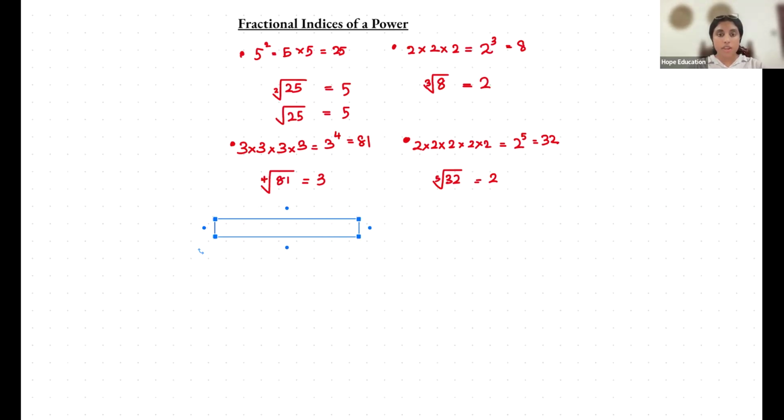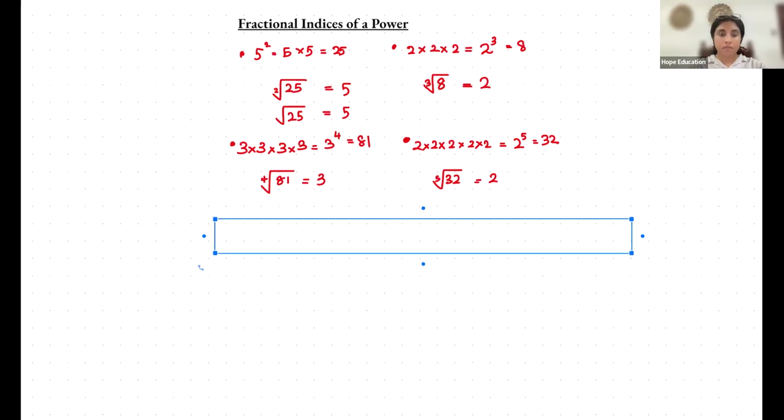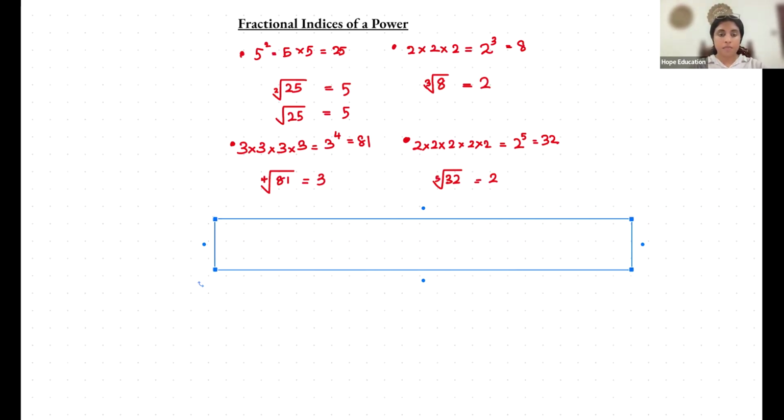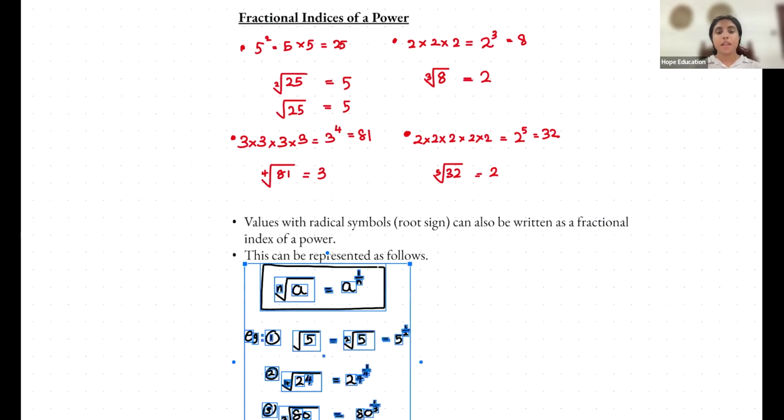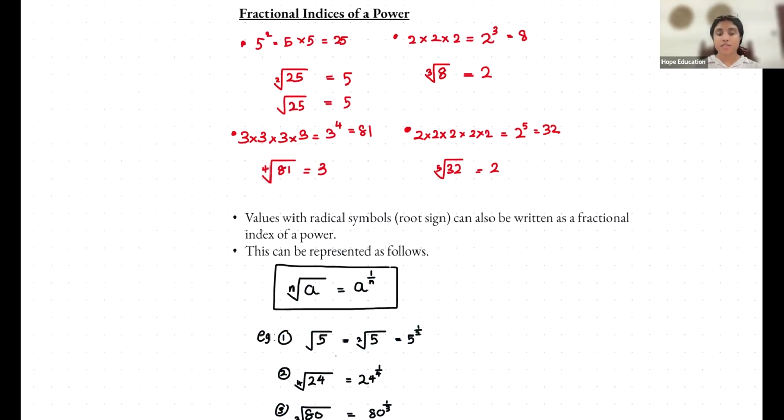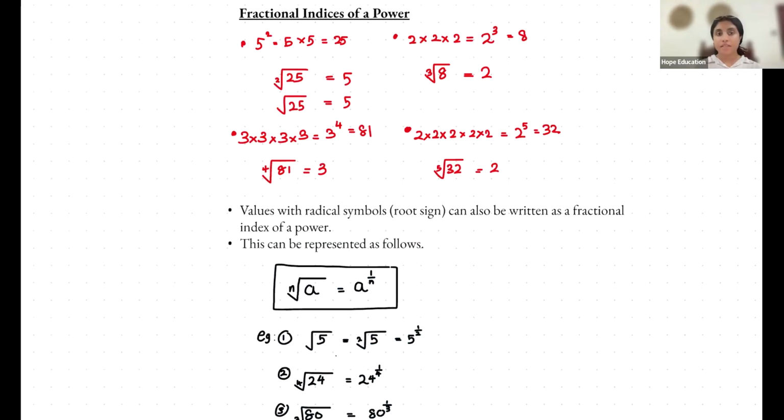Radical symbol means the root sign. Write the red part, and then underneath there are 2 sentences, and then you can write the black part. Make it fast, kids.